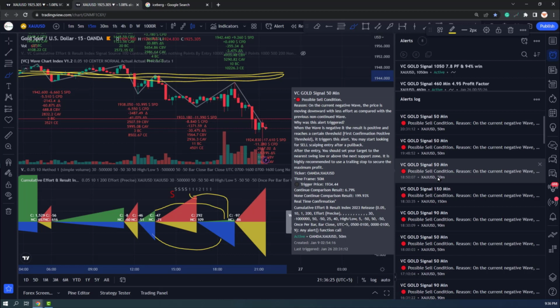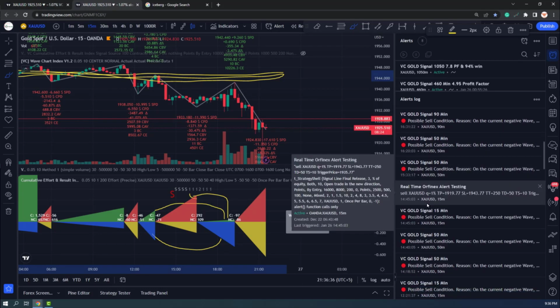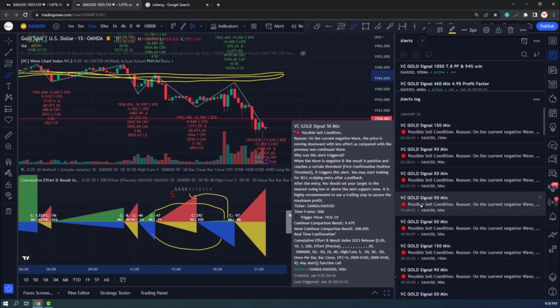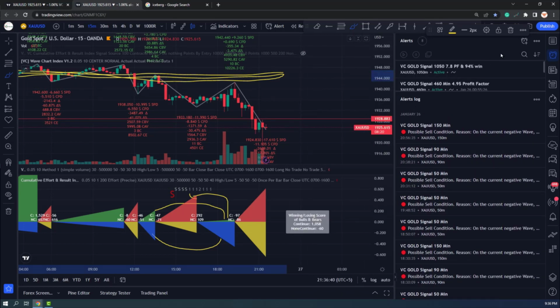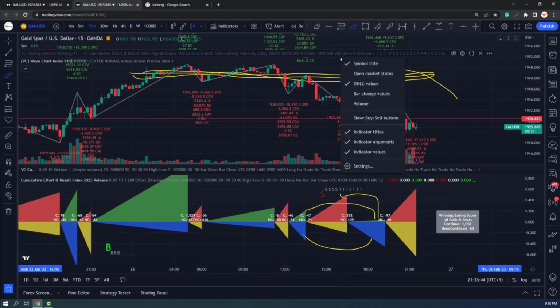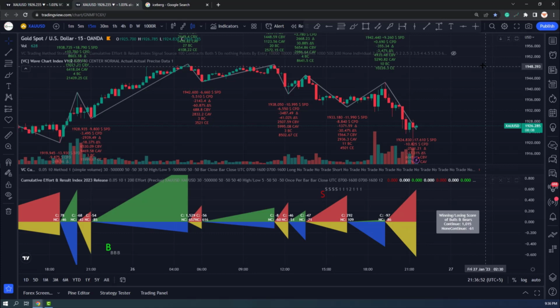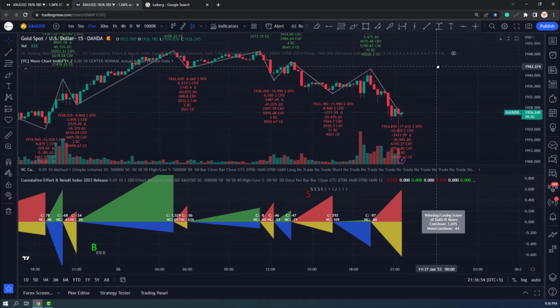The cumulative effort and result index is indicating that the price is going to go down. You see here, today, all the signals are on the downside. So this is how this indicator helps us to analyze and predict the market before its actual movement.